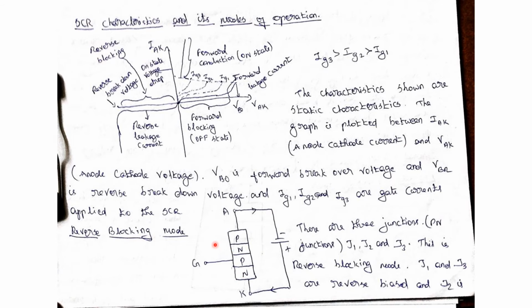Now we will see the reverse blocking mode. For example, the connections are made as shown in the figure. These are PN junctions. This is anode, cathode, gate.